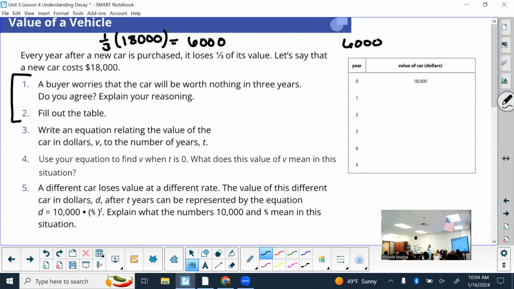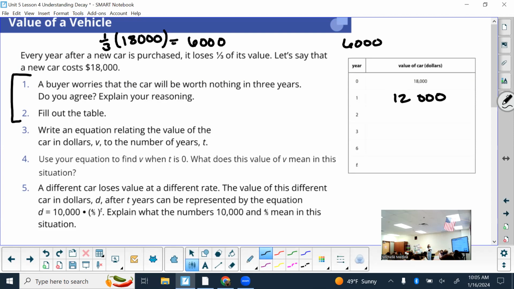So realistically, a car that's worth $18,000 is not gonna be worth zero after 3 years. But I do agree that after 1 year, it is worth 6,000 less. Table 8, can you tell me what it's worth after 2 years? Oh wait, not 6,000. 12,000, because it's losing a third.